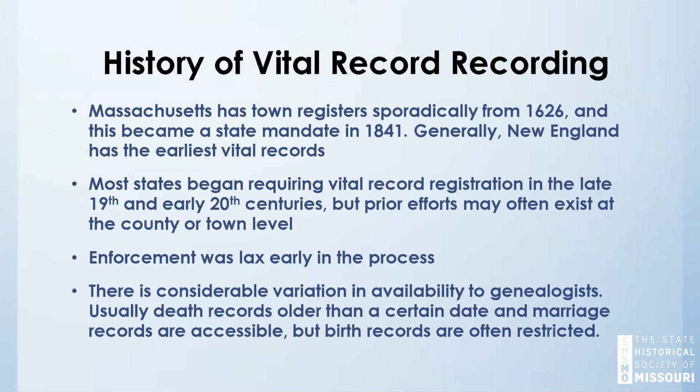That is, at a certain time, they generally assume that most people that have died have no more use for a right to privacy, or there's no chance of fraud in their estate, so they open up death records. Birth records, though, are oftentimes restricted for a long time, even well after the person might have died. Marriage records are accessible because they are a public record, and typically at the county level.